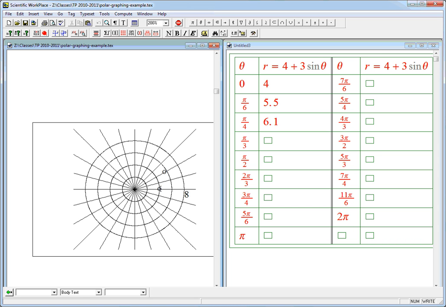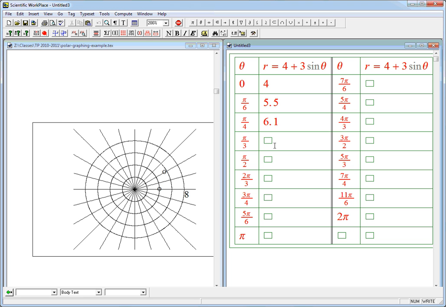So 2, 4. Then pi over 6. We're skipping pi over 12, and we could do that with a calculator, but we don't really need to. Pi over 6 is up here, and we went out 5.5 units. 2, 4, almost to 6, but not quite. Then the next one is up here at pi over 4, and it's going to be just a little bit past the 6 ring for 6.1.